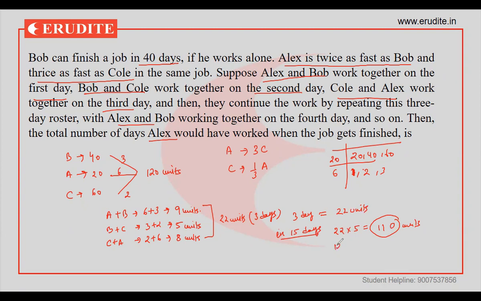So the remaining is how much? 120 minus 110, there are 10 units remaining.